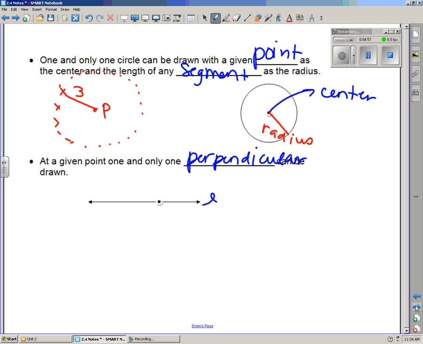If I want to draw a line through that point, there's only one line that can be drawn that's going to be perpendicular to line L. This is the only line, and I'll call it M, that's going to be perpendicular to line L. If I wanted to have that line slant ever so slightly, I'm no longer perpendicular through that point to the line. So there's only one way to draw a line through a point and be perpendicular to the other line.